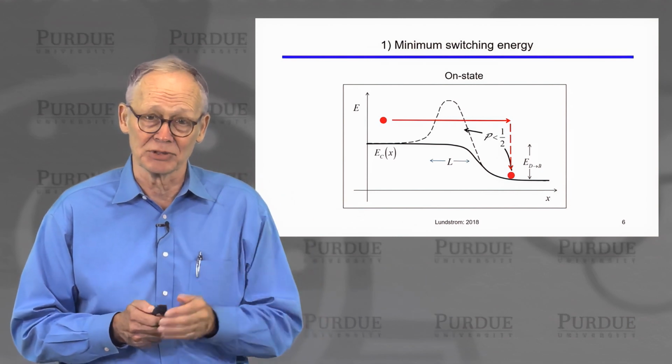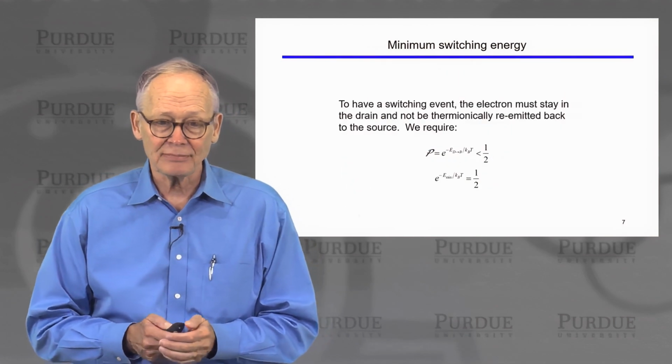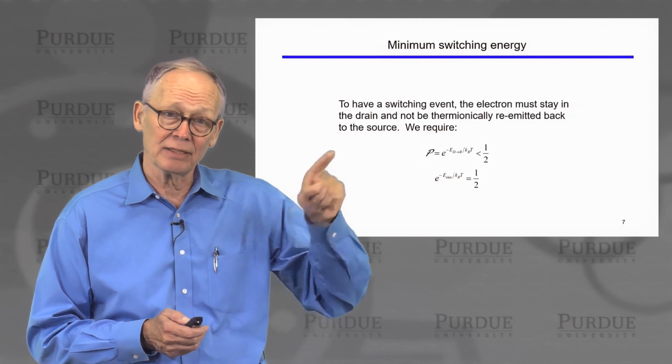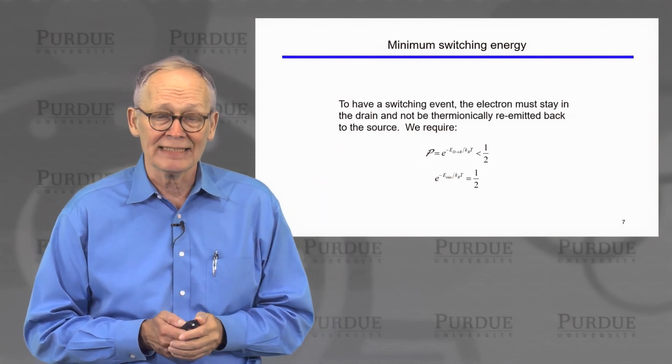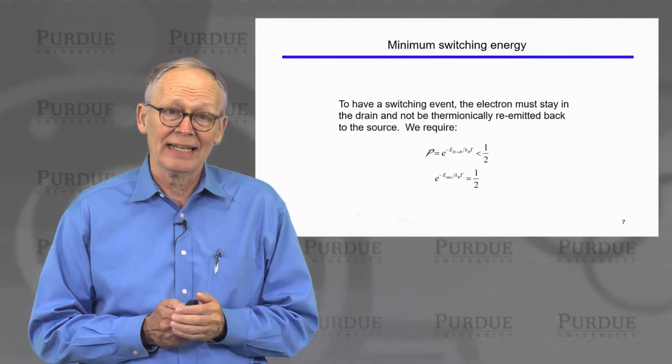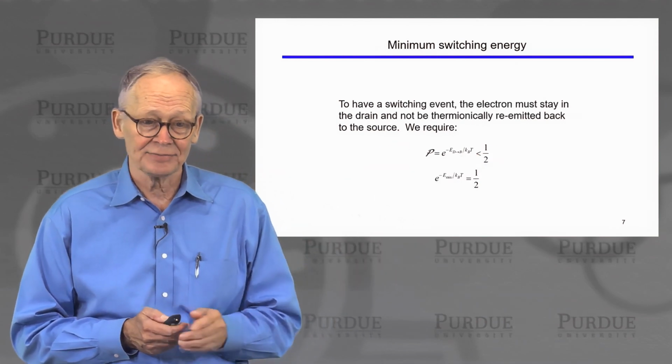An electron did move from the source to the drain. So we know that the probability of being thermionically emitted over that barrier is e to the minus barrier height over kT. That probability has to be less than 1/2.